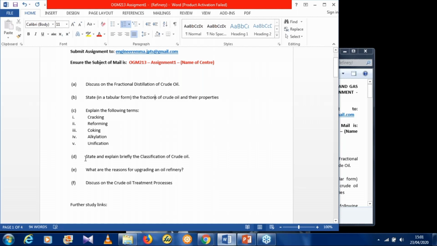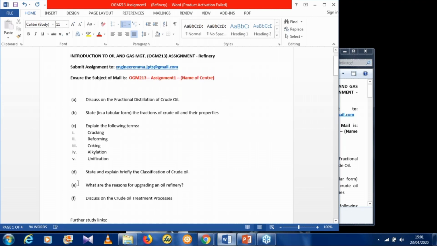Okay. The other question is take and explain briefly the classification of crude oil. Then next is, what are the reasons for upgrading of an oil refinery?